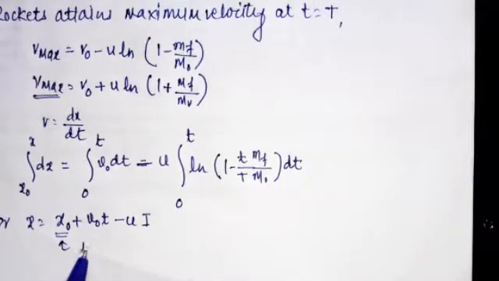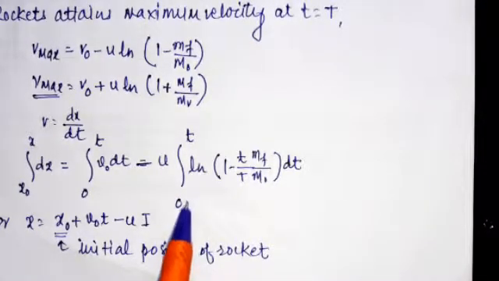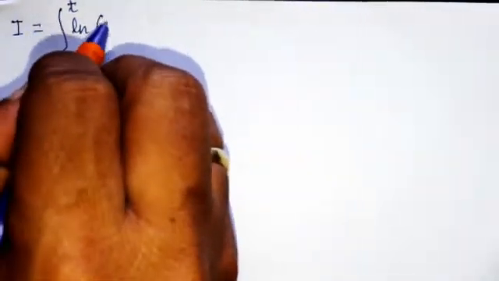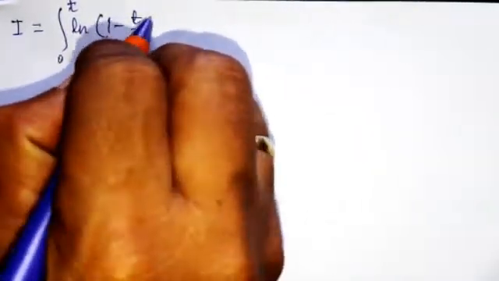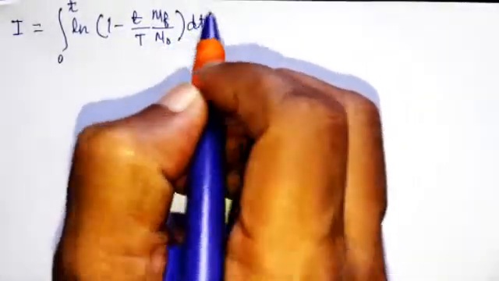We can write here it is the initial position of a rocket. So we can integrate this equation. Okay, so we'll see what will be the value of that integration. Here the integral term is I, the integral of ln of 1 minus small t upon capital T multiplied by mf upon m naught into dt.